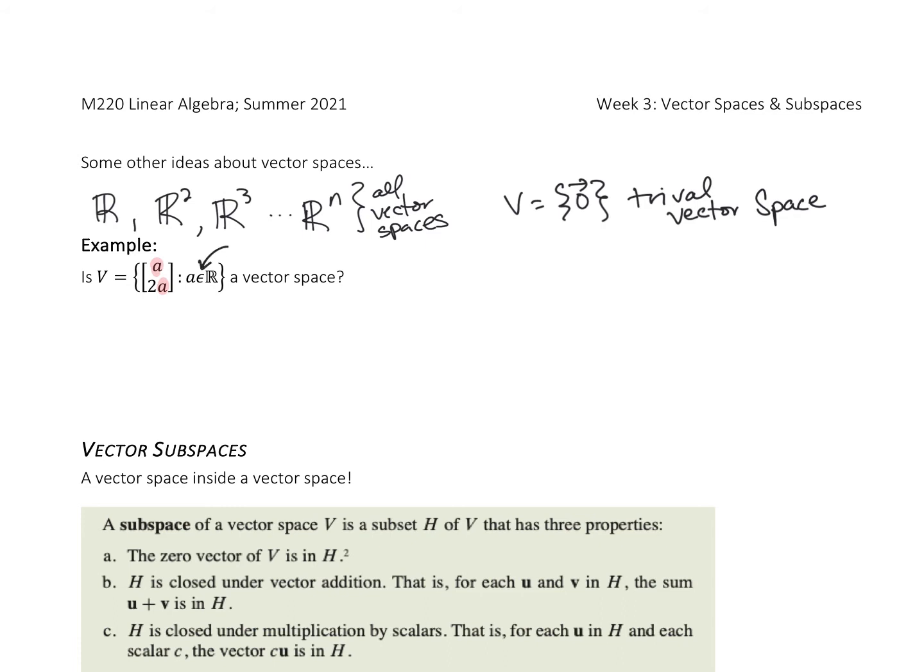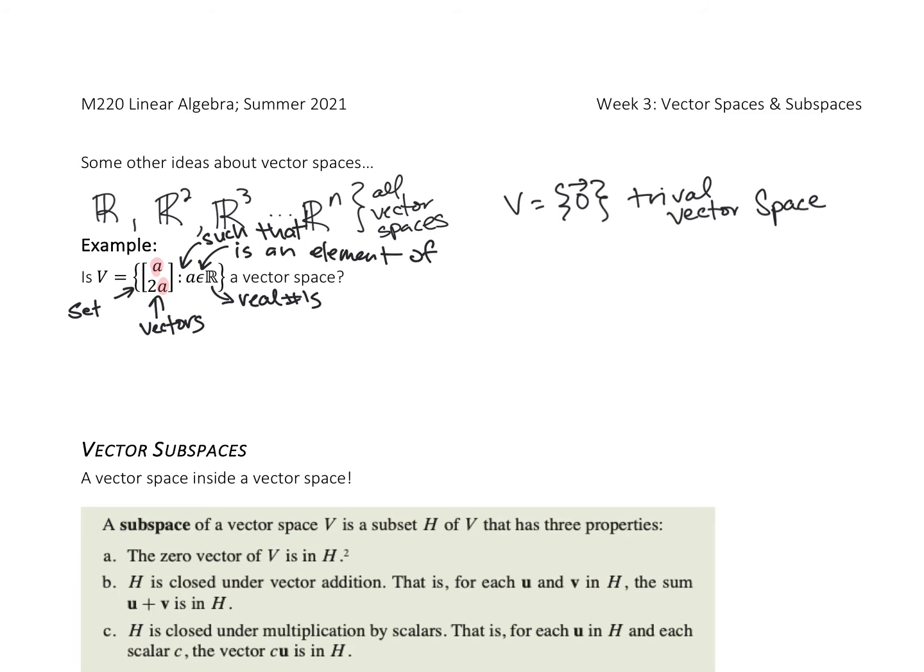There's that little symbol that means "is an element of," and again, this is the real numbers. So it's an element of the real numbers. This notation means this is a set, the set of all vectors that meet this criteria. And this little line means "such that." So we're going to decompose this sentence really quick.